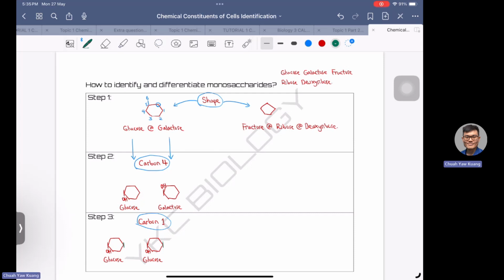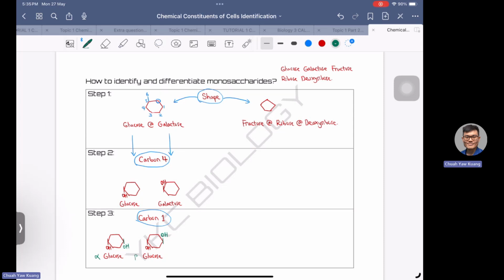Same thing, we will look at the position of the OH. If at carbon number 1 the OH is at the bottom plane, then this is an alpha glucose. But if the OH is at the upper plane, then this is a beta glucose.